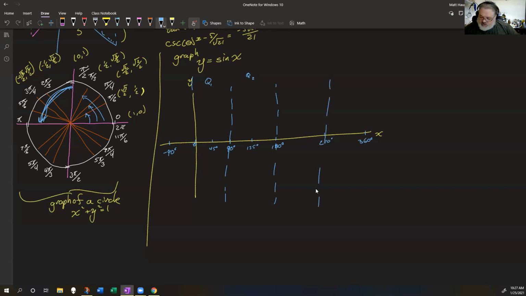And similarly, quadrant 3 and quadrant 4. But then if we keep going, after quadrant 4, we're going to get quadrant 1 again, right? We're going to get things between 360 and what, 450, things that are coterminal to those quadrant 1 angles.